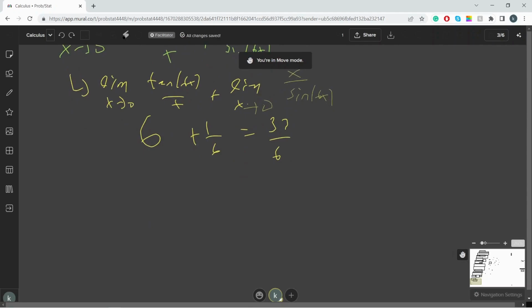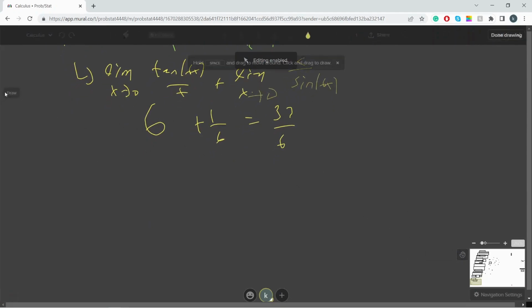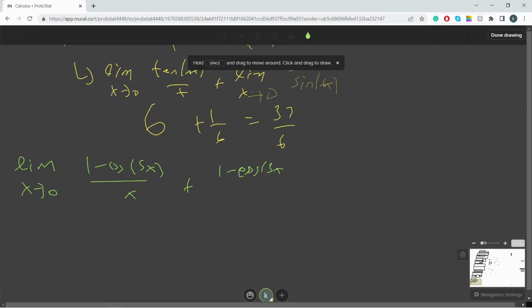Okay, so that takes care of that problem. This is just a simple application of patterns we saw in the previous video. So the next problem we were going to solve is the limit as x approaches 0 of 1 minus cosine of 5x over x plus 1 minus cosine of 3x over x.